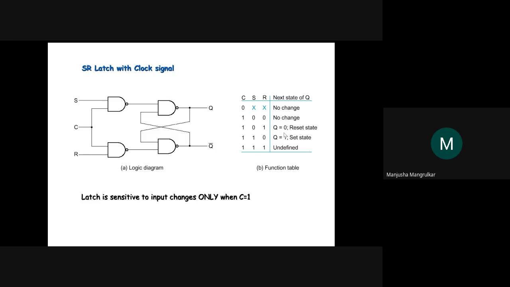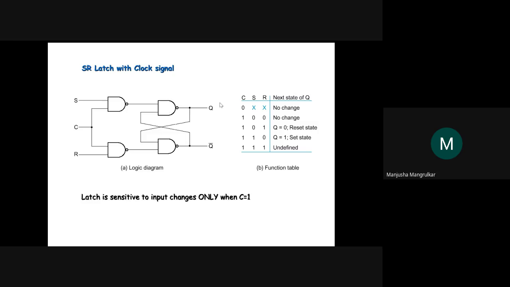The third condition is 1, 0. If any one of the inputs is 0, the output is 1. Q is 1, so this is 0, and it comes over here as 0. With 0 and 1, the output is 1.